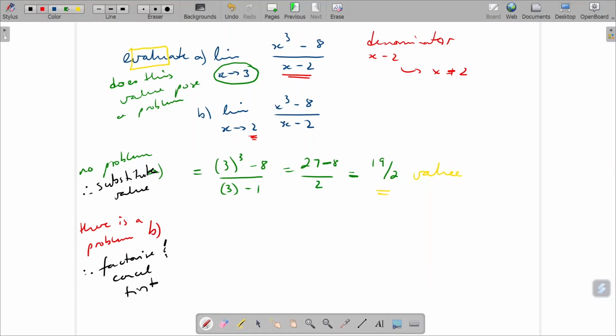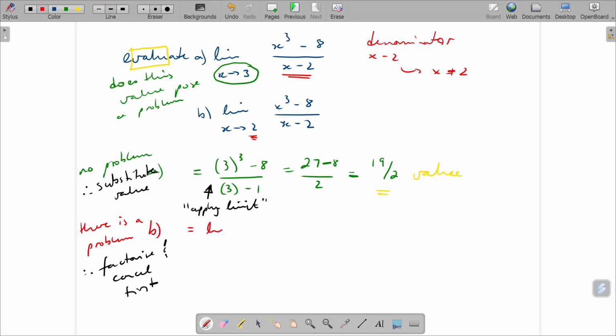Okay, let's quickly look at the B part of the question. We are saying there is a problem. So what I'd like you to see here is how the limit notation fell away. We say we are going to apply the limit, and effectively what that means is we are substituting. I want you to notice that here, because I'm still factorizing and canceling, my limit notation hasn't fallen away yet.